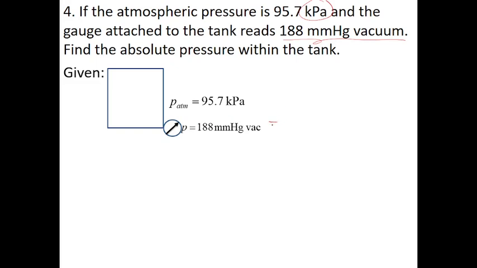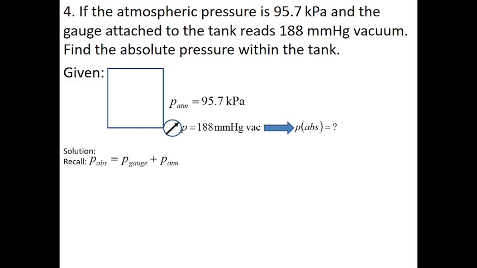So that will correspond to a gauge pressure of negative 188 millimeters mercury. It's because, recall that vacuum pressure is negative gauge pressure. So we are to determine the absolute pressure corresponding to 188 millimeters mercury vacuum. What is that pressure in absolute form?